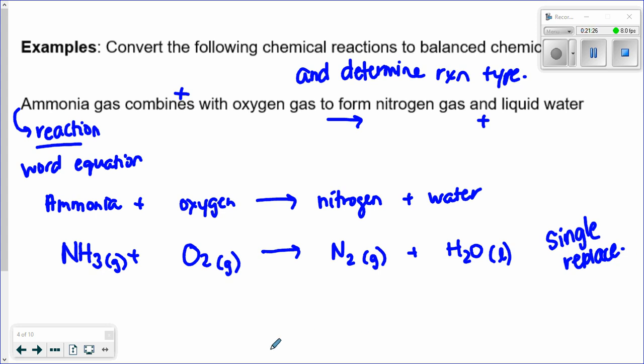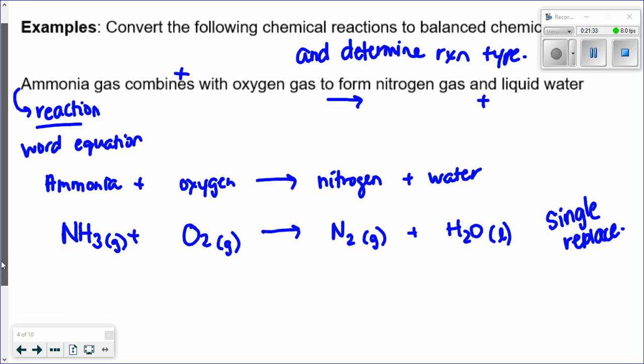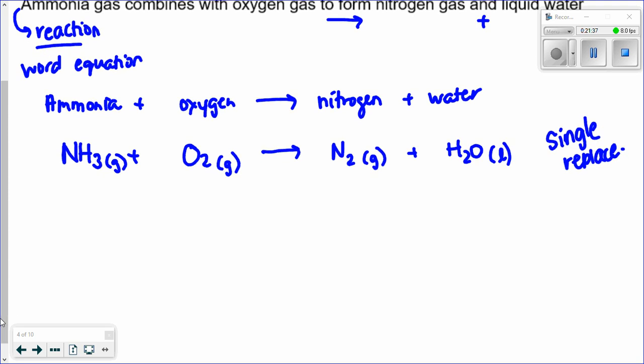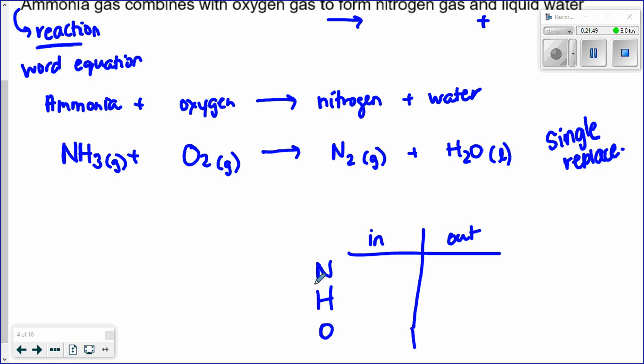The other thing that we need is to balance this equation. Right now it is not balanced, so we need to make sure that we have a balanced equation in the end. You might make yourself a little in-out chart with nitrogen, hydrogen, and oxygen.